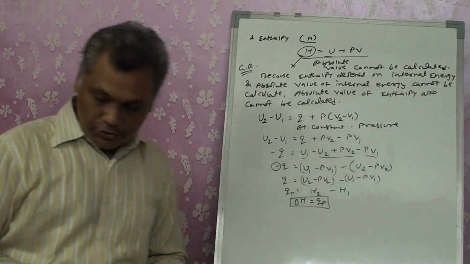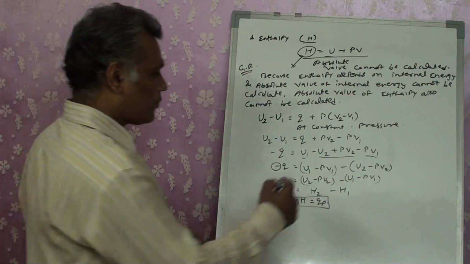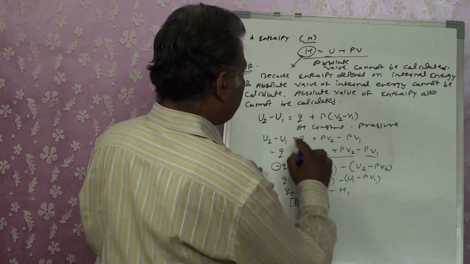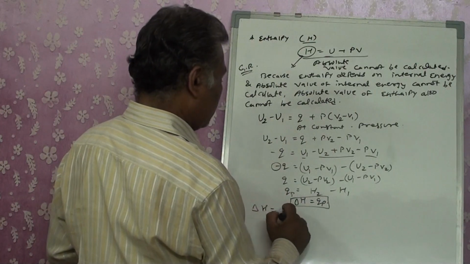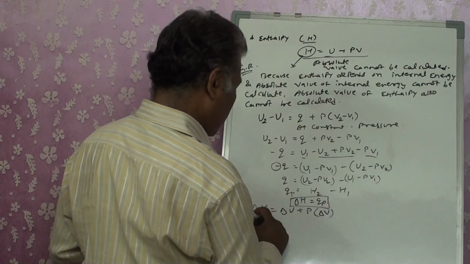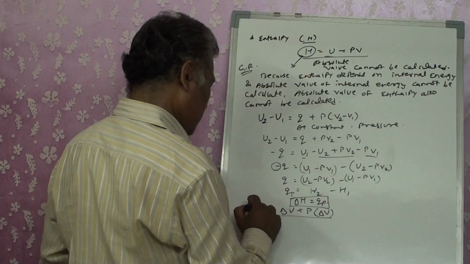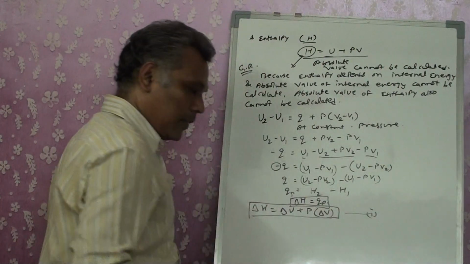So we get the formula for this. If we substitute the values, we get this equation. From this, can I write delta H equals delta U plus P delta V, right?